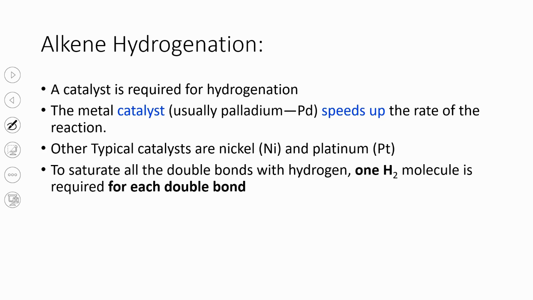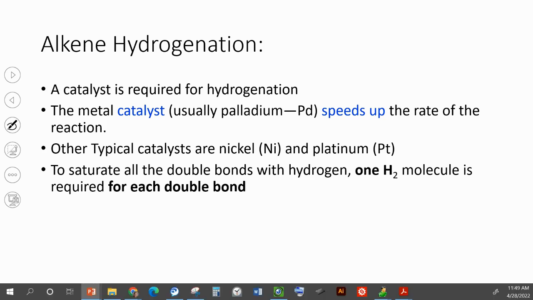If you have a molecule called a diene, then you need 2 hydrogen molecules for every molecule you're trying to hydrogenate, because you have 2 double bonds.